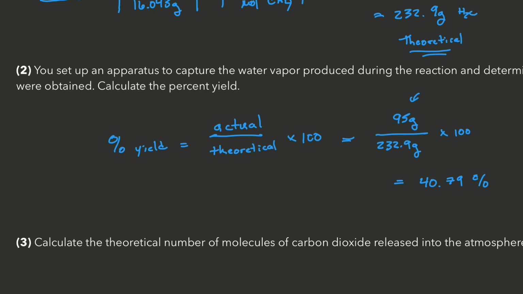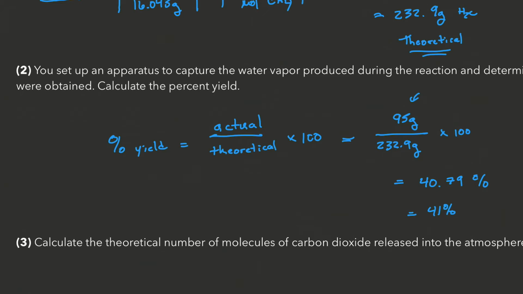Since it's division, it would be the least number of significant figures. 95 has 2 significant figures, so your answer should be 41%, 2 significant figures. And that's all that this unit is asking you to do, to add the extra step of understanding the stoichiometry of theoretical versus what you actually get in the experiment.